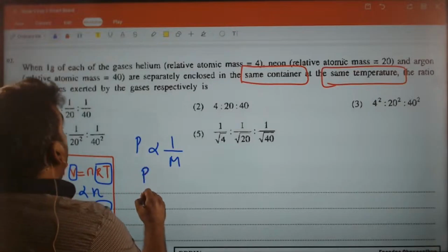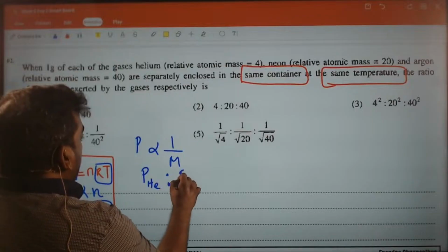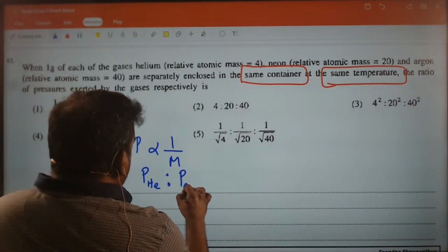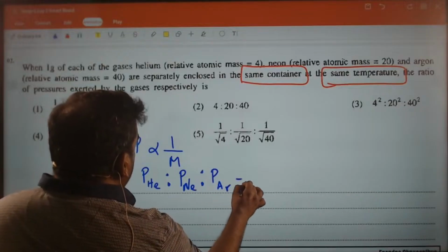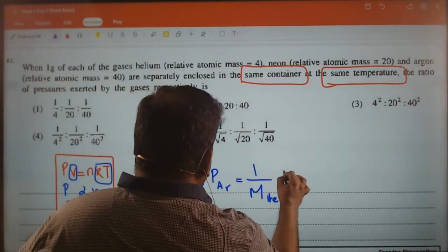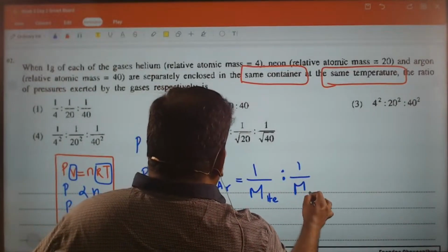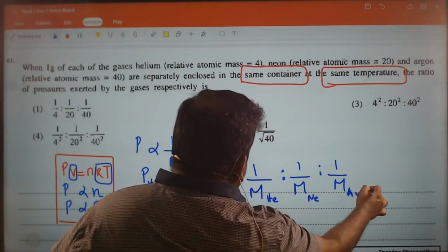So the pressure of helium to pressure of neon to pressure of argon, that is 1 over molar mass of helium, 1 over molar mass of neon, 1 over molar mass of argon.